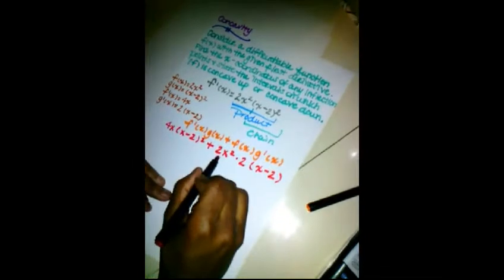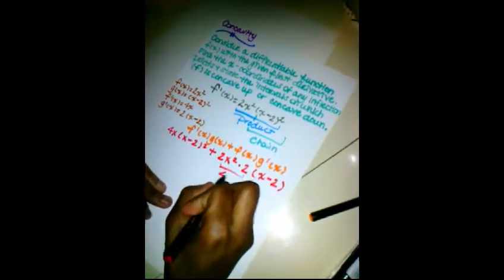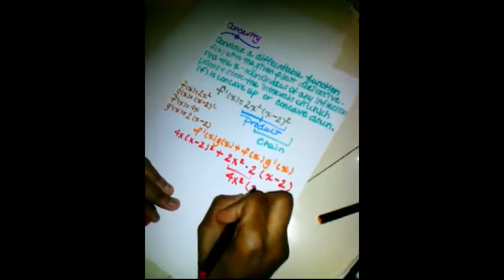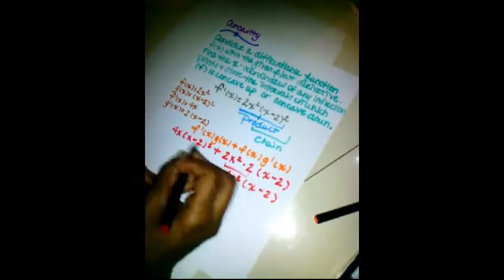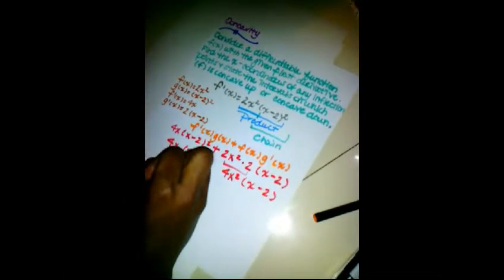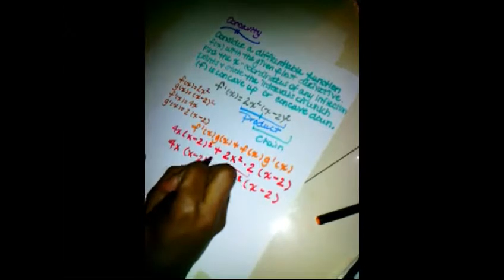Okay, we can go ahead and combine that right here, make that 4x squared. Bring that down. Bring this down over here as well. 4x, (x minus 2) squared.